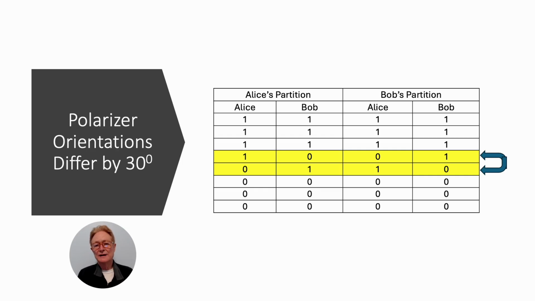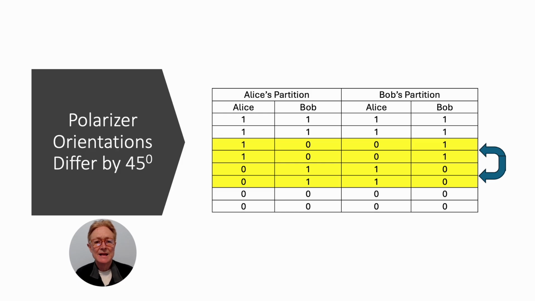In the 4 trials that Alice got a click, Bob got 3 clicks. So in the 4 trials that Bob got a click, Alice got 3 clicks. This table organizes the trials according to Alice and Bob's perspectives to show this symmetry. Here is what you get when the polarizer orientations differ by 45 degrees.